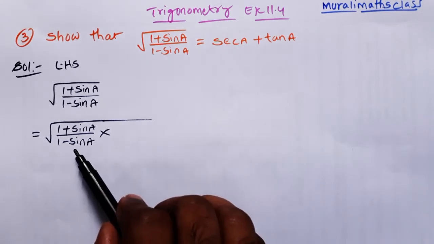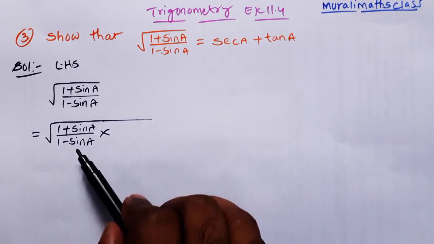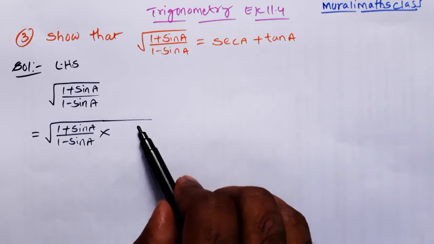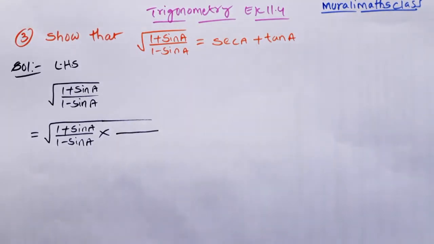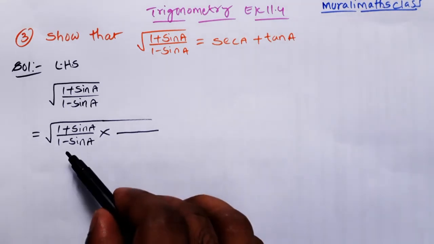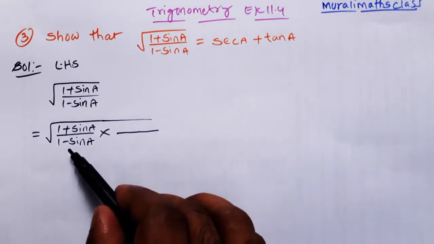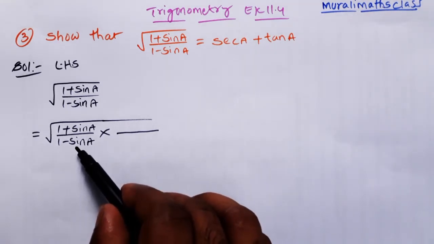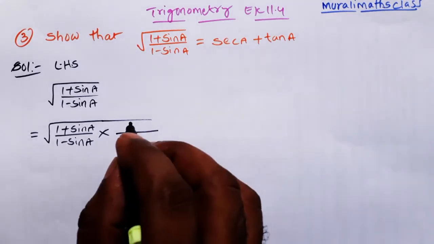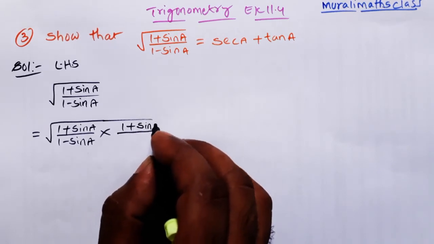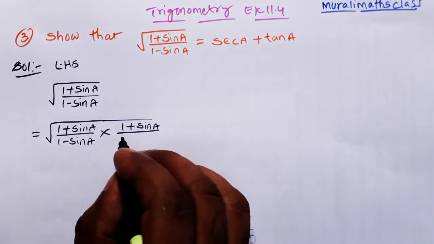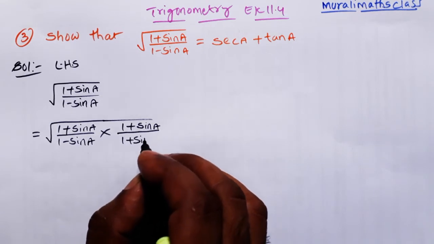For the denominator 1 minus sin A we need to write the conjugate. Multiply and divide with the conjugate of this denominator. The denominator we have is 1 minus sin A, then we have to take 1 plus sin A. That is the conjugate. Multiply and divide with this 1 plus sin A.